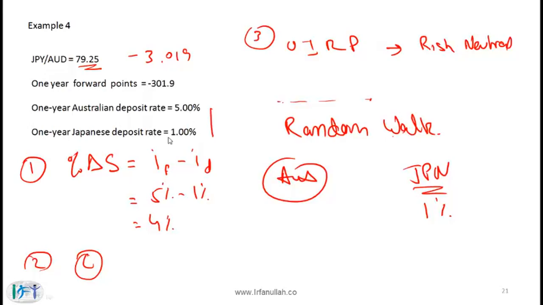Since Japan has the lower rate, your Japanese investment will appreciate by 4%, and overall you will have a return of 5%. So the correct answer here is C.